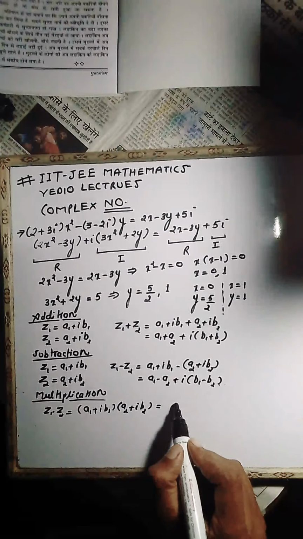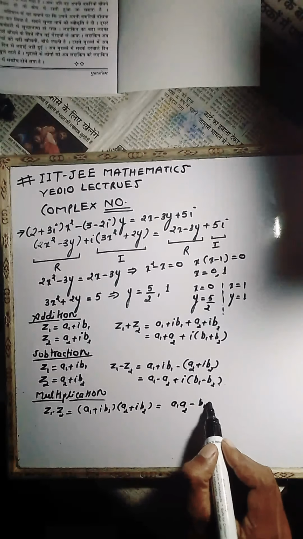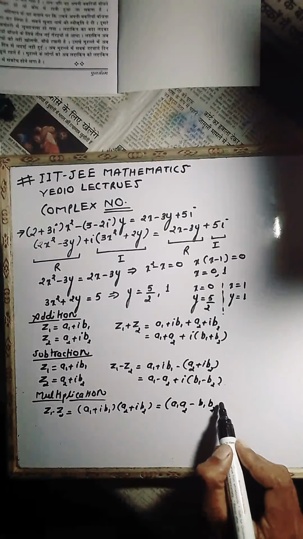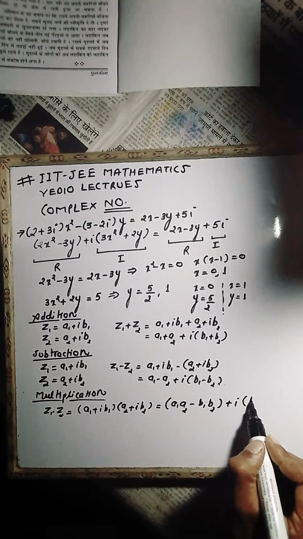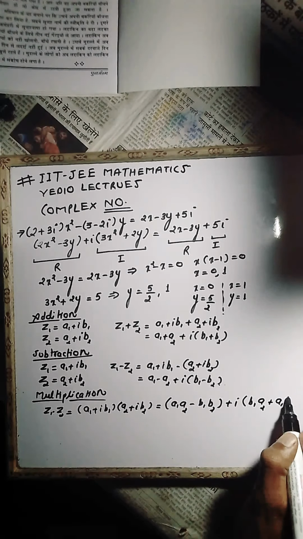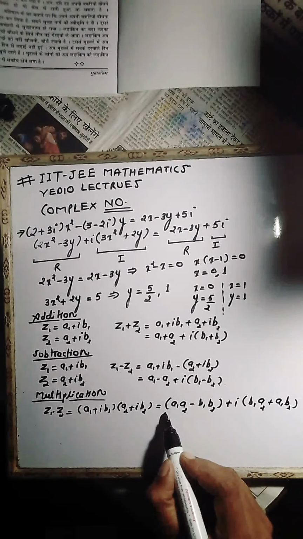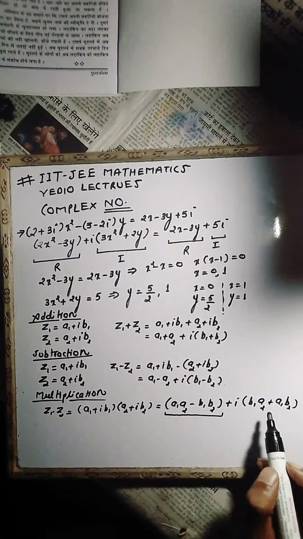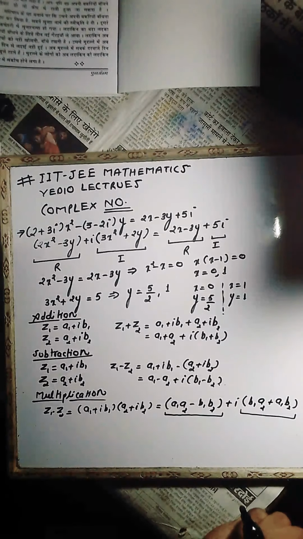So it will be a1a2 minus b1b2 and plus i(b1a2 plus a1b2). So here this is the real part and this is the imaginary part. Okay, so these are the basic operations.